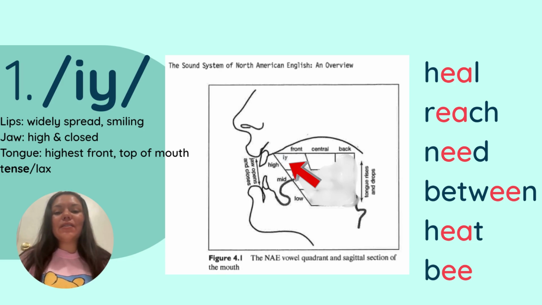This is considered a tense vowel. Some examples of E are heel, reach, the double E in need and between, the EA in heat, as well as B.